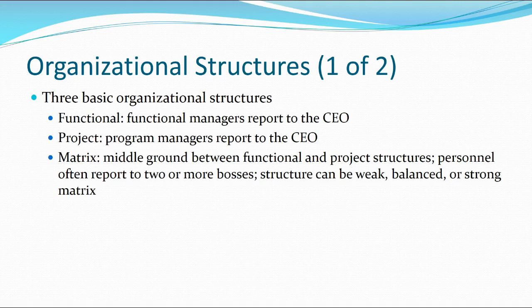If we somewhat distribute this into a project structure, we've got program managers or maybe even portfolio managers reporting back to the CEO. So we're distributing the responsibility somewhat. If we get into a true matrix organization, then we are getting into the idea of truly distributed project management organizations with autonomous leads, people who are free to run projects on their own. It can be very complicated, and it can also result in a weak management structure.